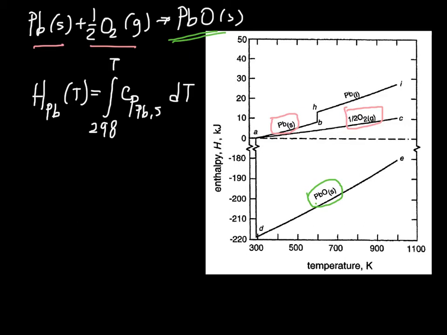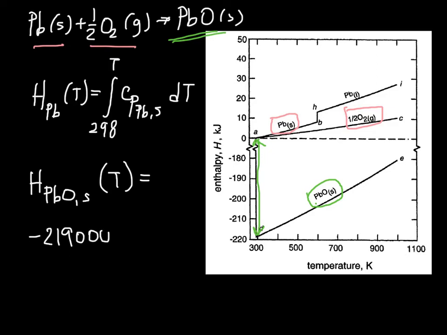And we can write an expression for the enthalpy of lead oxide solid as a function of T. And this is equal to, first, the enthalpy of formation at 298, which is 219 kilojoules per mole, and then plus the integral from 298 to T of Cp of lead oxide solid dT.